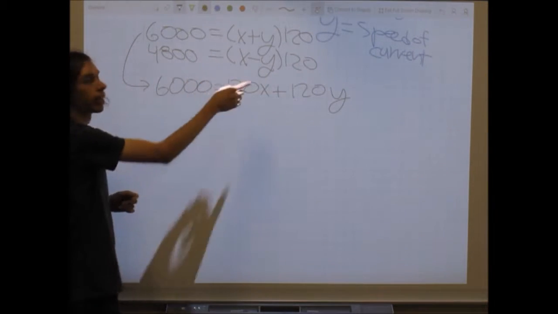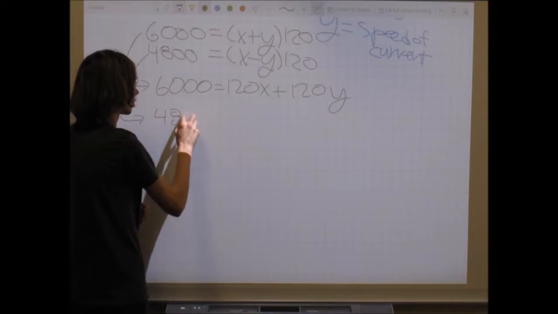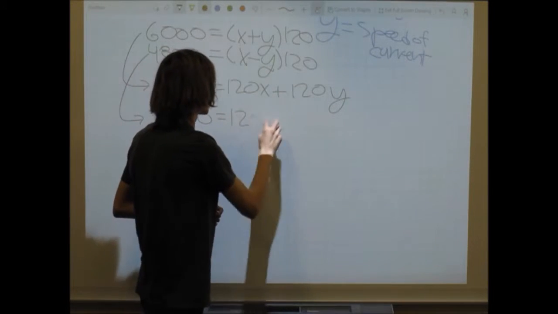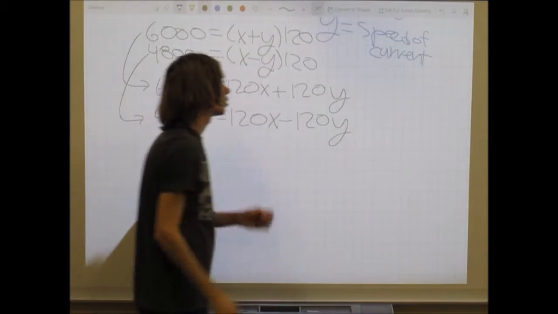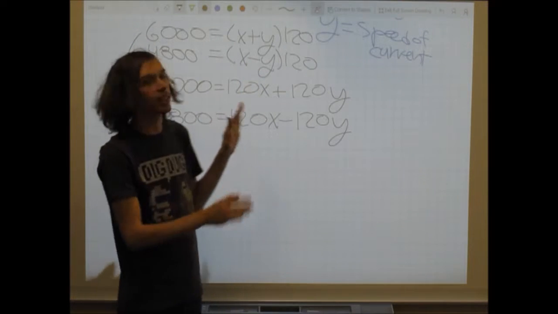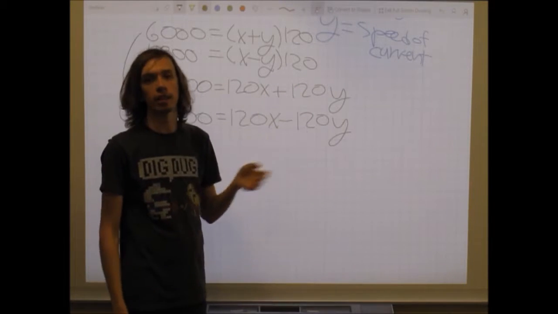Okay, so let's do it with the next one. Same thing except we have a minus when we distribute, right? And notice how this problem's set up really nicely for elimination, right? These two y's are going to eliminate if we just add the equations.